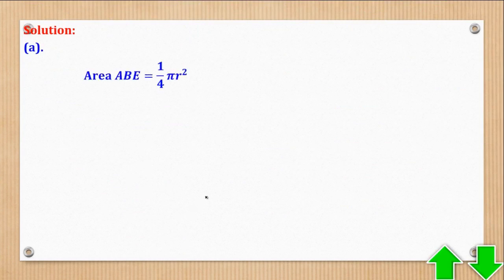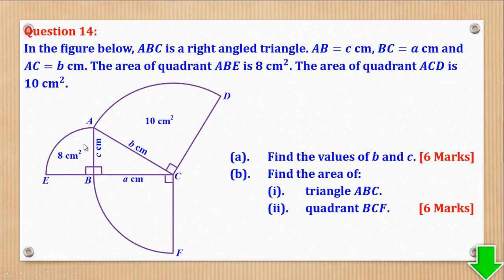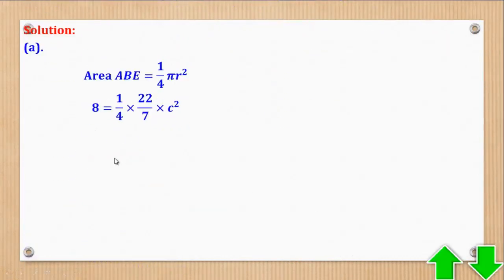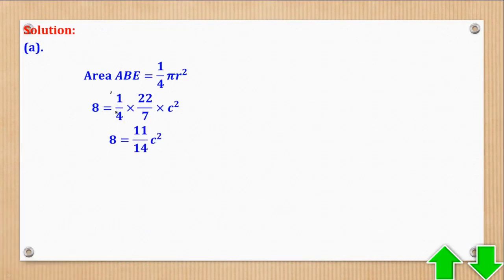So area ABE is a quadrant, so it will be a quarter pi r squared. Then substitute the area, a quarter is here, then pi is 22 over 7, then radius was C. If you look at this, for ABE, radius is here, which is C. So when I simplify this, I'll come up with 11 over 14, then there is this 8, and there is this C squared.